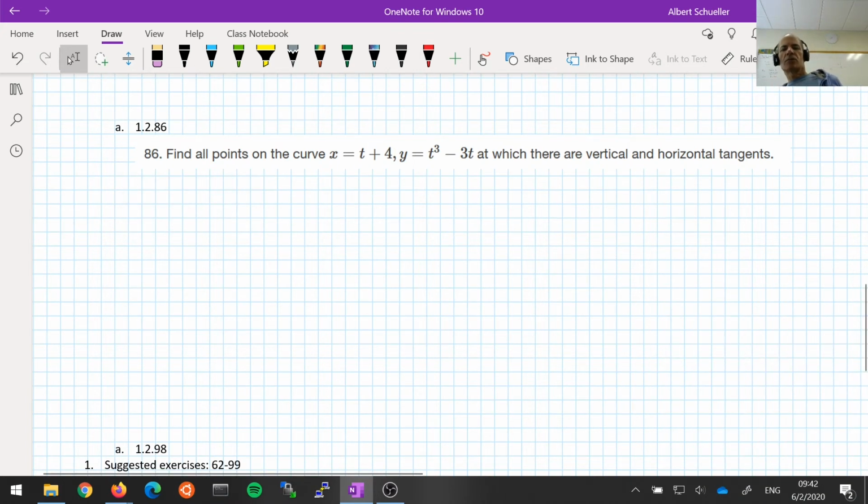Well, we know that vertical tangent lines correspond to places where the derivative is undefined, and horizontal tangent lines correspond to places where the derivative is 0. Notice in both of those cases, we need to find the derivative dy dx. So let's go back to our formula.